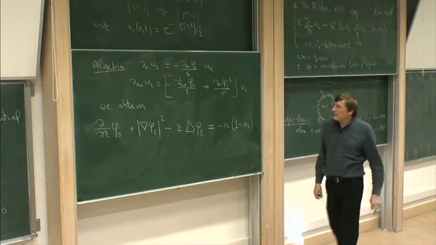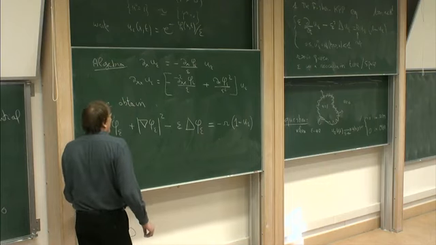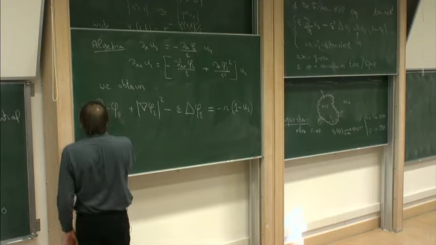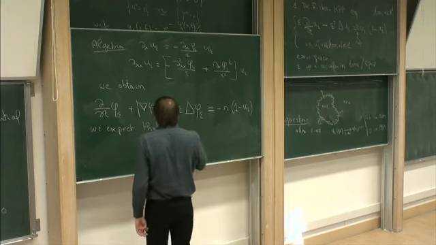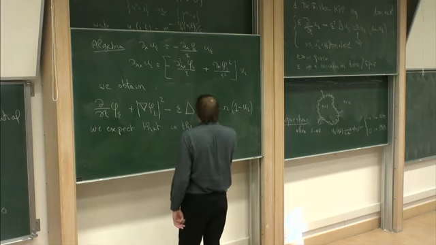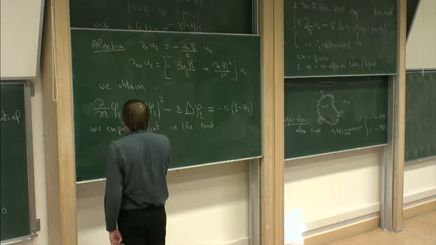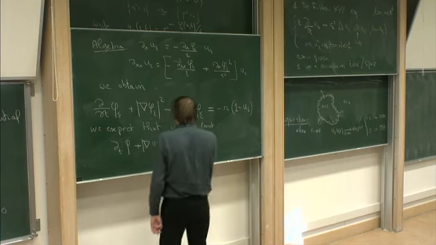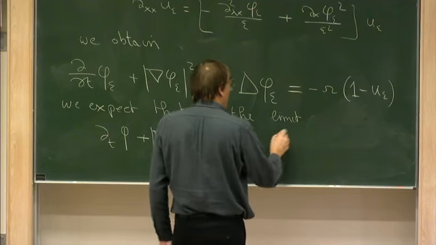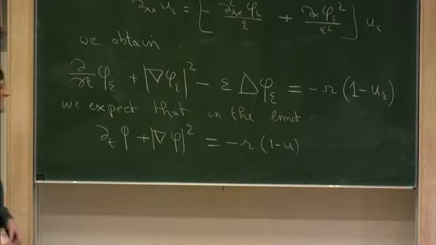If you pass to the limit formally in this problem, you get dt phi plus grad phi squared equal minus r 1 minus u, which is not a very nice setting. You see that there are difficulties.